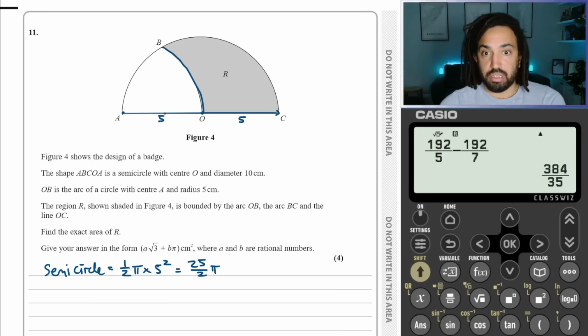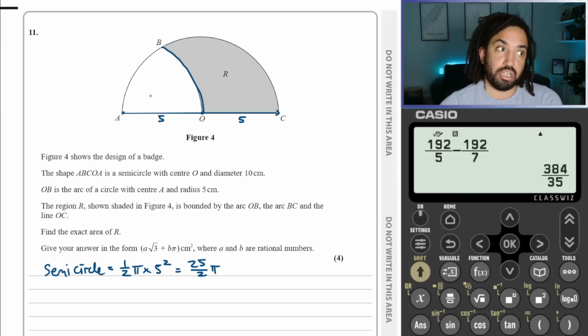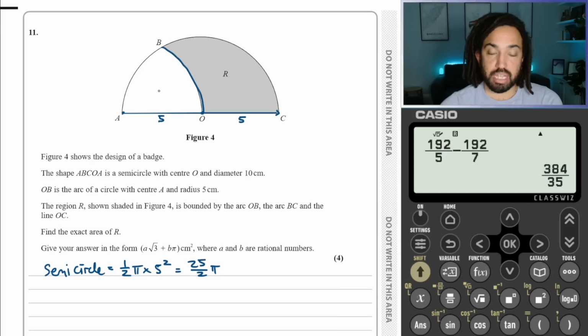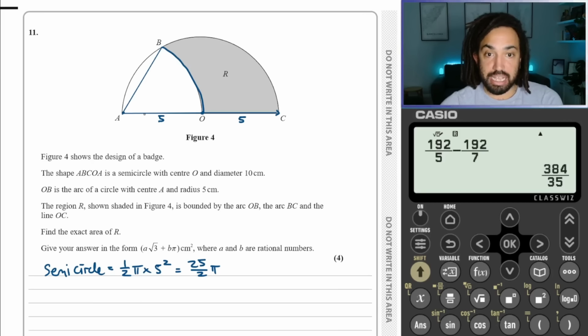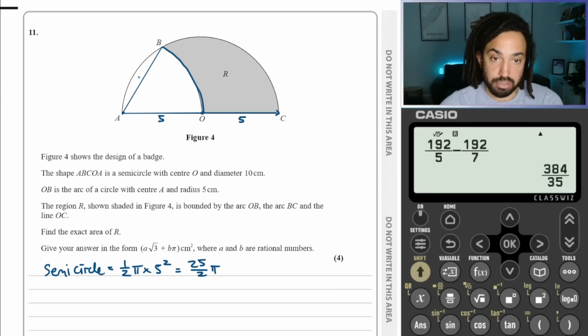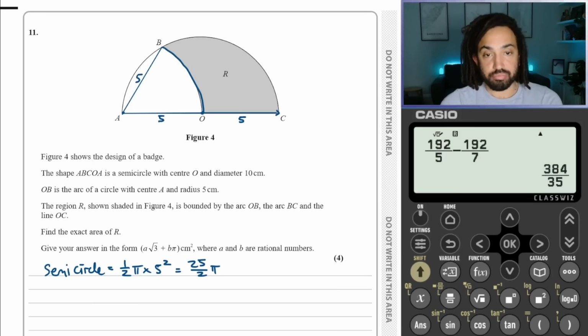Okay, so now we need to figure out this blank area here in order to take it away from the semicircle to leave us with R. So, if I draw a line from A to B, then because B to O is the arc of a circle centered at A, it means that A to B and A to O must be the same distance, so that is also 5.